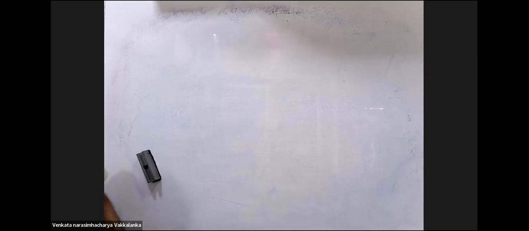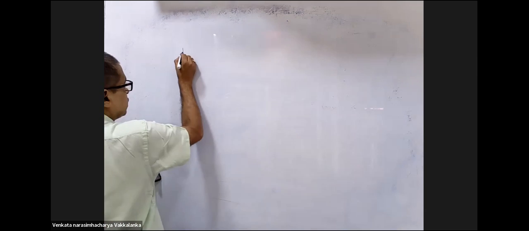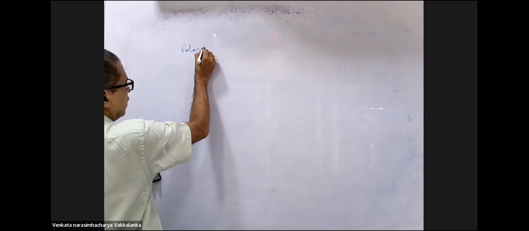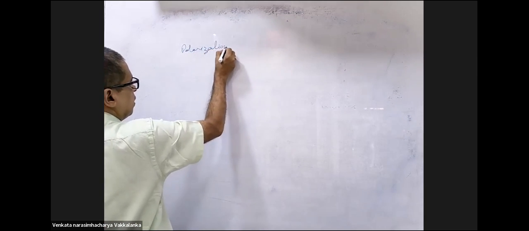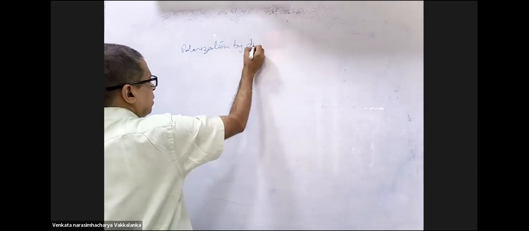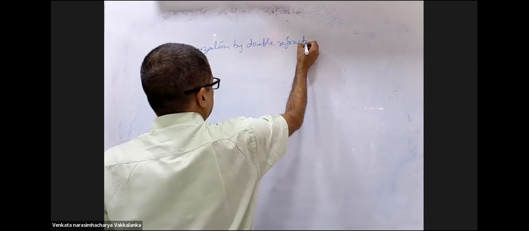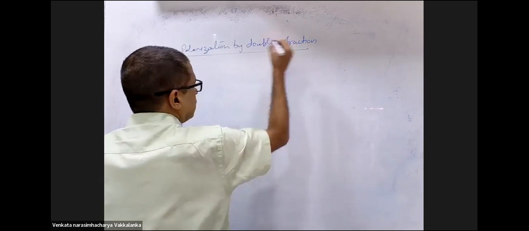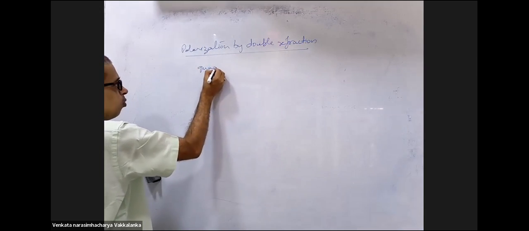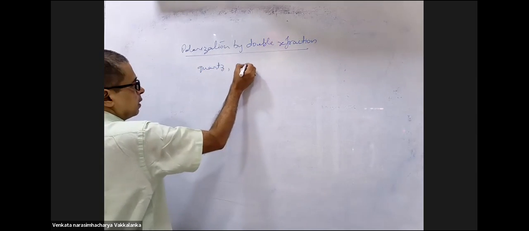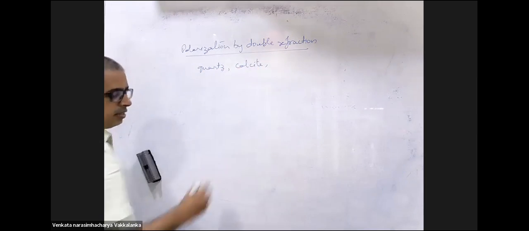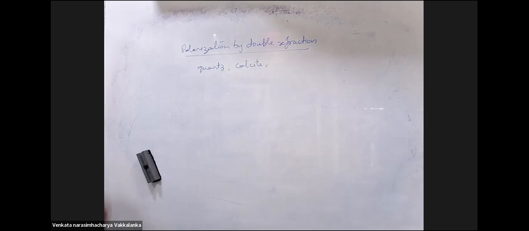Second, polarization by double refraction. Main examples are quartz, calcite, and tourmaline.